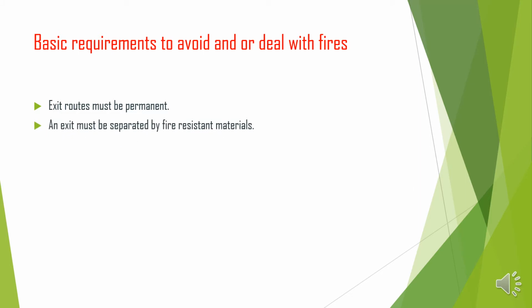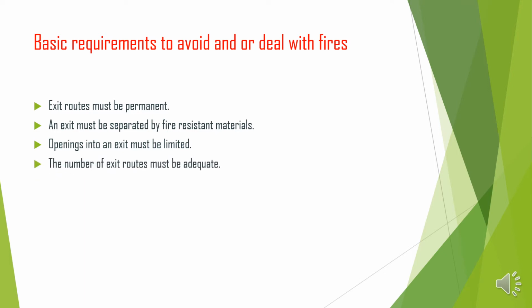Those exits must be separated by fire-resistant material that can resist fire for some time until we carry out our plan and evacuation. Openings into the exit must be limited. The number of exits must be adequate according to the number of people working in the facility.